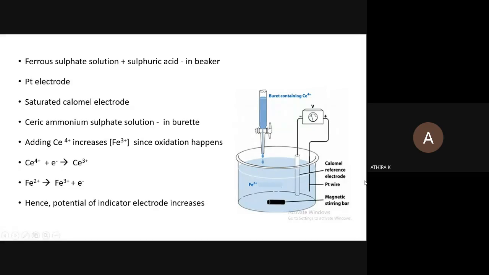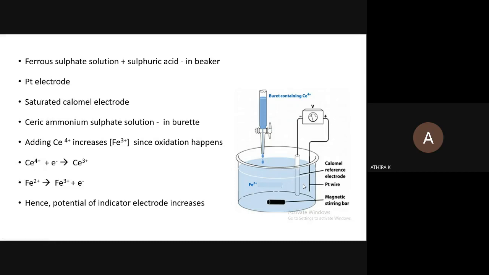We have added sulfuric acid in the beaker, and a platinum electrode is dipped in the beaker. You can see here there is a platinum wire which is dipped in the beaker. And we have to measure electrode potential.